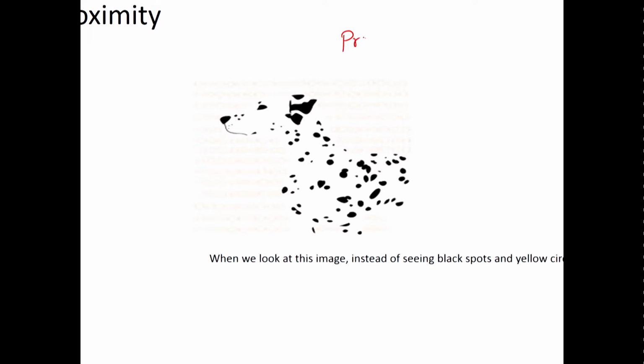The third law is called proximity. When we look at things, the closer objects are perceived together. For example, instead of looking at the black dots and then the yellow circle, they are all small yellow circles. All the black dots are grouped together, and a full dog emerges.